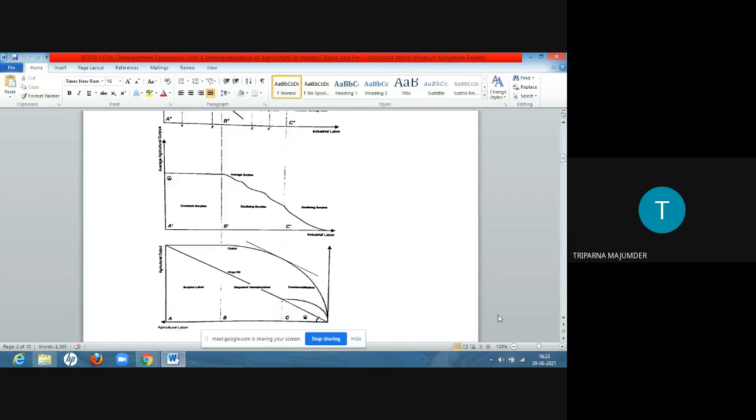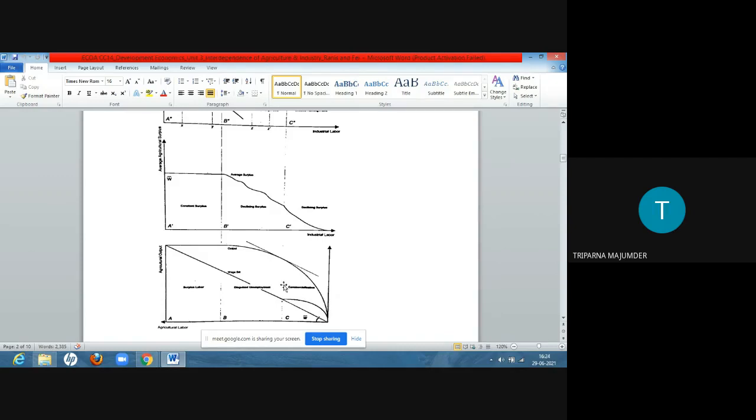Assume for simplicity that the total labor force is divided into agriculture and industry, which implies that the width of the panels corresponds to the entire labor force in the economy.